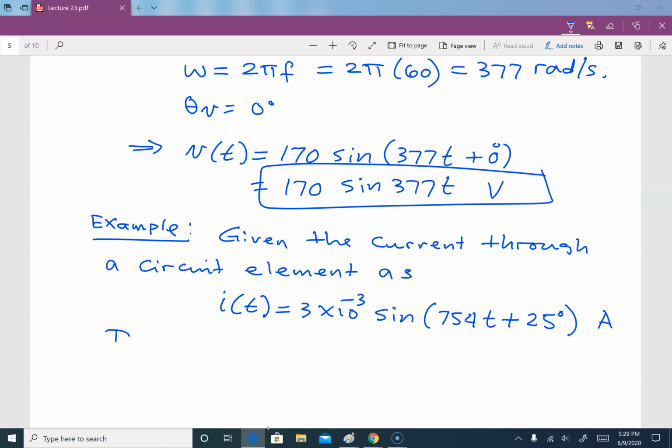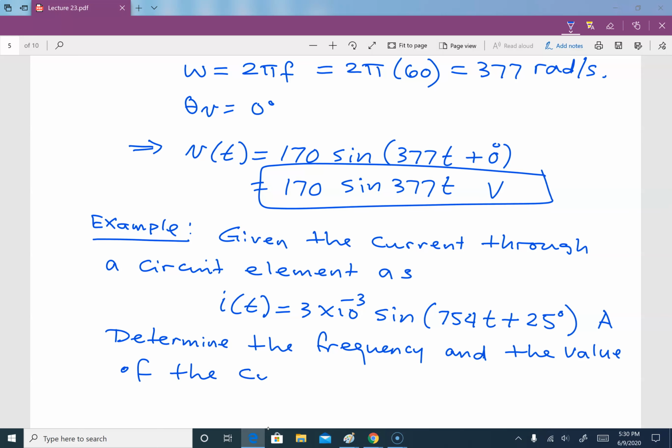We would like to determine the frequency and the value of the current at 6 milliseconds.